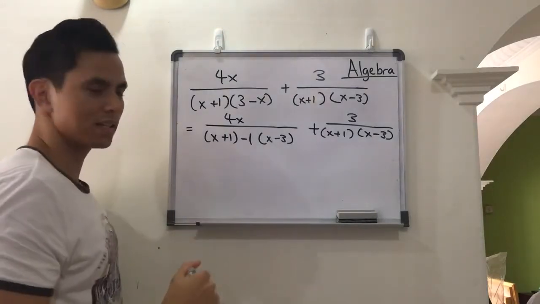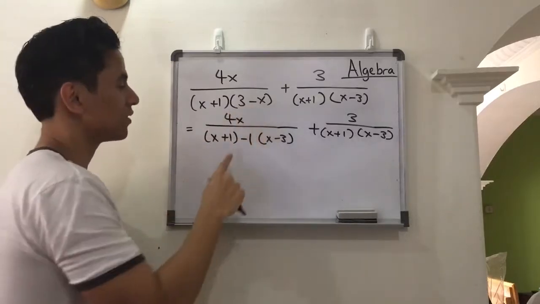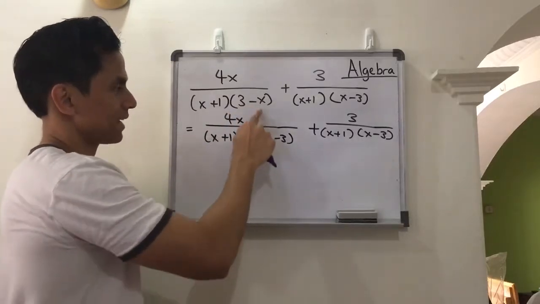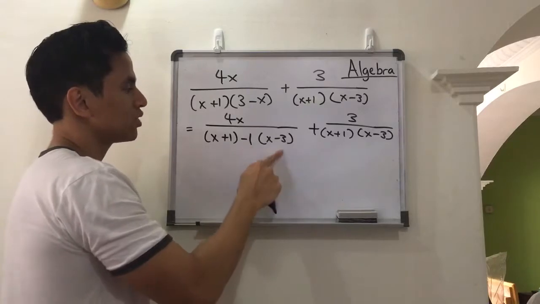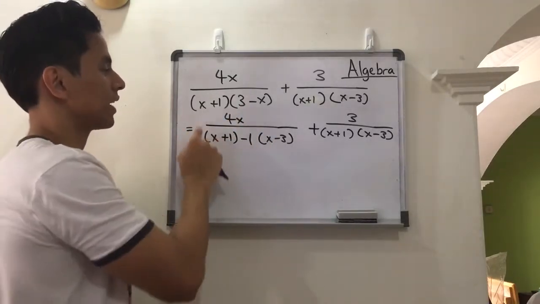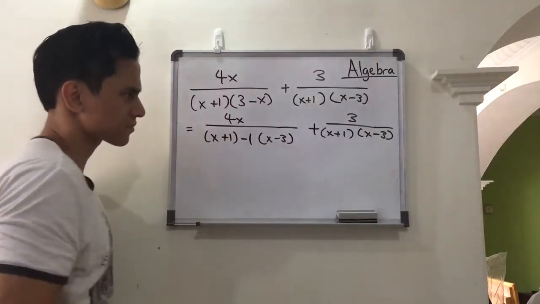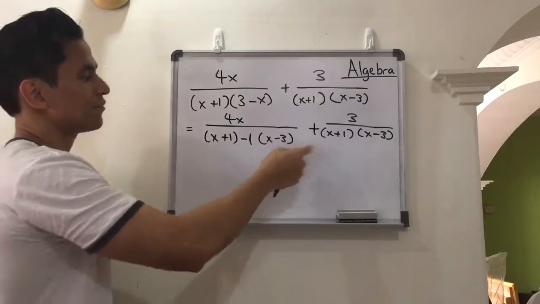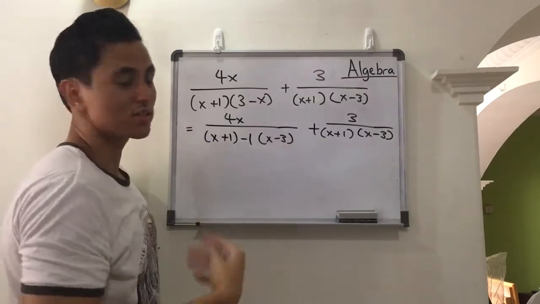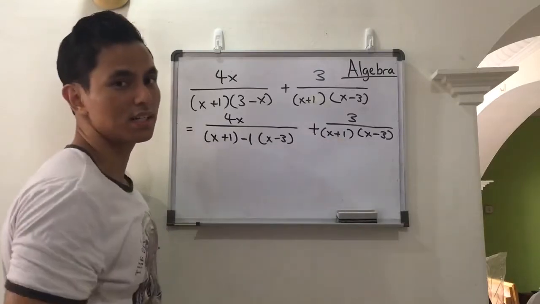Pull out negative 1, and if I were to add it in, would I get back to our original? Let's check it out. So minus 1 times x give me minus x, and minus 1 times 3 give me positive 3. So yes, it checks out. So this is correct. It's an okay step to do. So now again, we look at two denominators and we see that they are different, right? This one is extra negative 1. So let's just go ahead and introduce a negative 1 here.